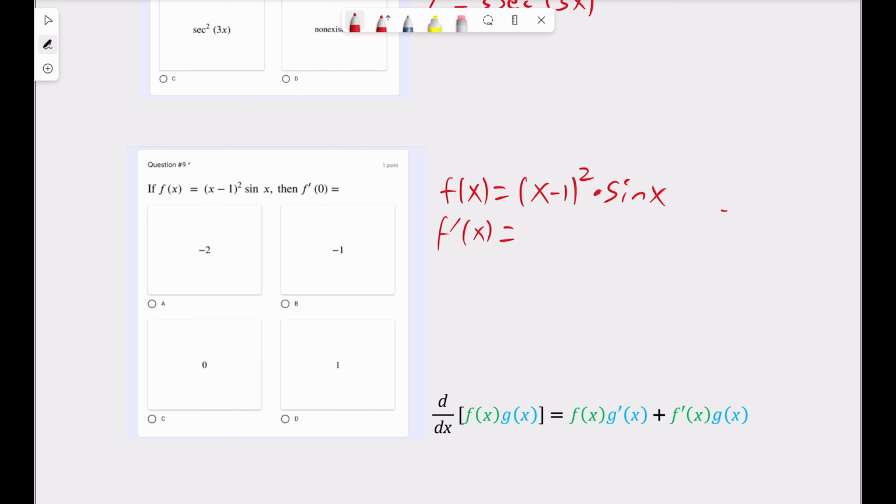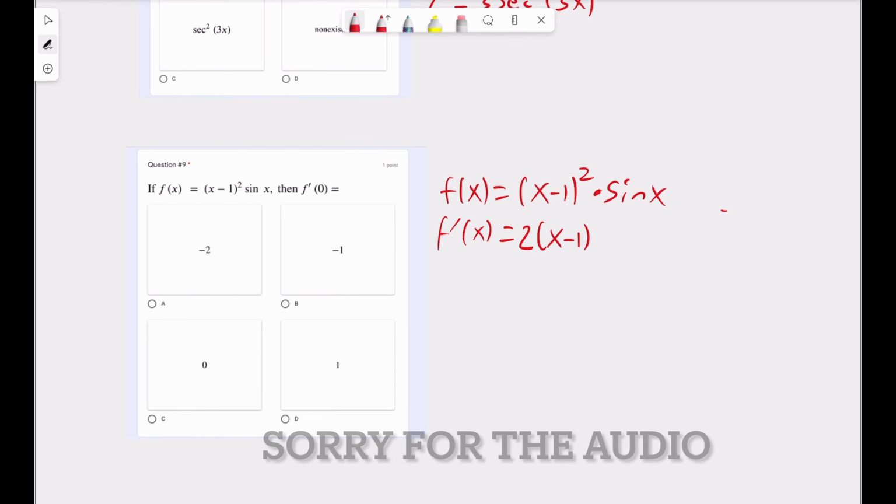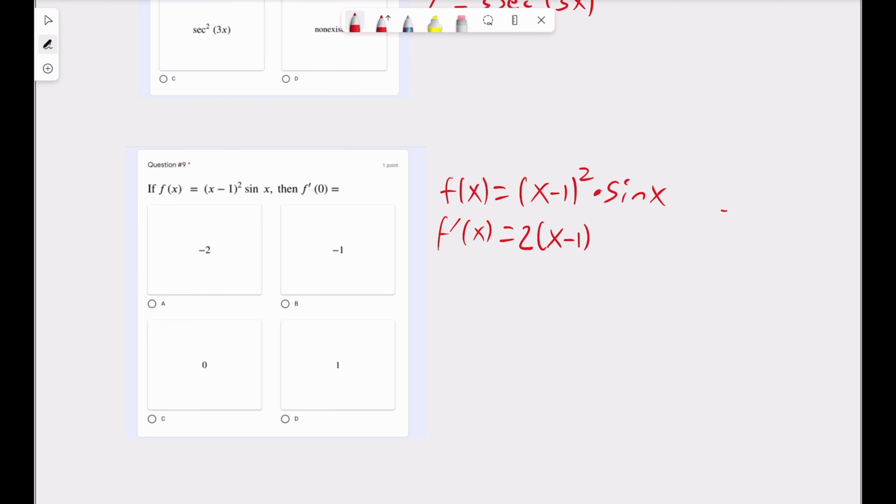So using the product rule, I'm going to first take the derivative of x minus 1 squared. So I'm going to bring the 2 down: 2 times x minus 1 to the power of 1, and then times the derivative of the inside, which is just 1, so we don't have to include that.